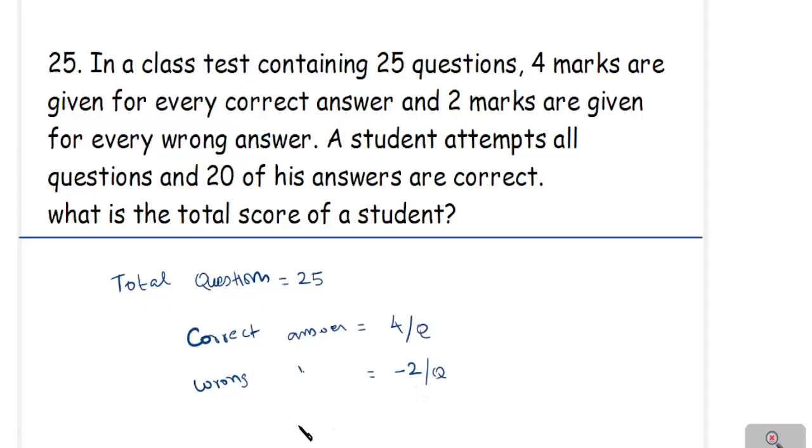And he attended all the questions, and the correct questions are 20. This is the total attended, this is the correct answer questions, and the balance 25 minus 20 is 5. These are the wrong answer questions.